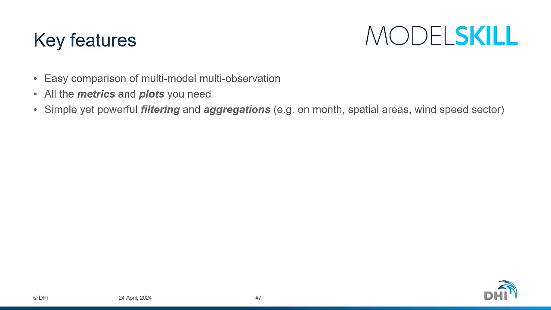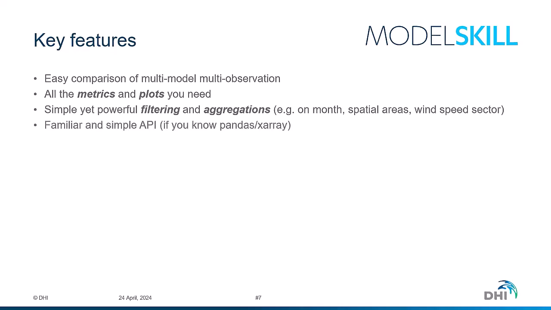Then we think that the filtering and the aggregations that are possible, for example, aggregating on a specific month or filtering on a specific area, or also doing aggregations or filtering based on auxiliary data that we will see a bit later today, is really powerful. And of course, all those things you can do with your own Python scripts. But since many people do similar things, we figured that it was really nice to put into ModelSkill to make it easy.